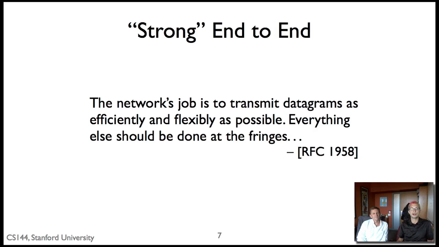It's not that you have to do an end-to-end check, or you have to do end-to-end correctness, but rather you should also avoid doing things inside the network. RFC 1958 says the network's job is to transmit datagrams as efficiently and flexibly as possible. Everything else should be done at the fringes. It's not that everything has to be done at the fringes, but in fact the network should do very, very little, if anything, to help. It should just forward datagrams.